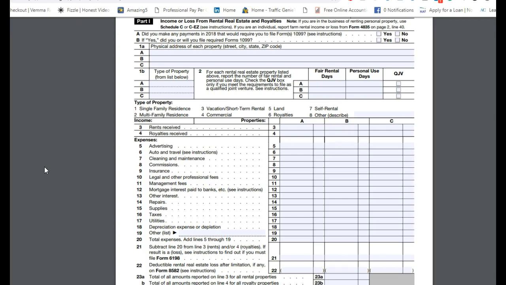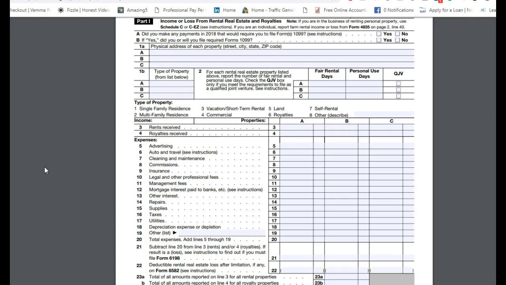And then you've got supplies associated with repairs, any possible taxes, utilities, depreciation expense, and so on and so forth. So that's basically how that works when it comes to Schedule E and having rental property that you rent to individuals, either single family homes or multi-level buildings that have maybe 4 to 6 units each.